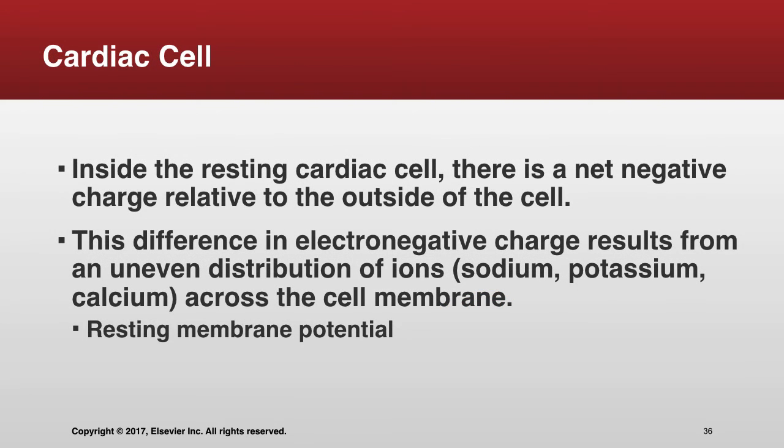So we've talked a little bit about the cardiac cells. Inside the resting cardiac cell, there's a net negative charge relative to the outside of the cell. This difference in electronegative charge results from an uneven distribution of ions, the sodium, potassium, and calcium, across the cell membranes, and we call this the resting membrane potential.